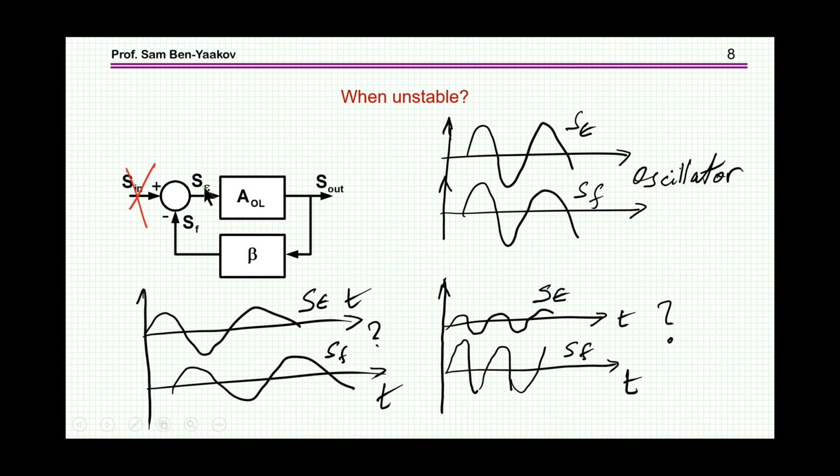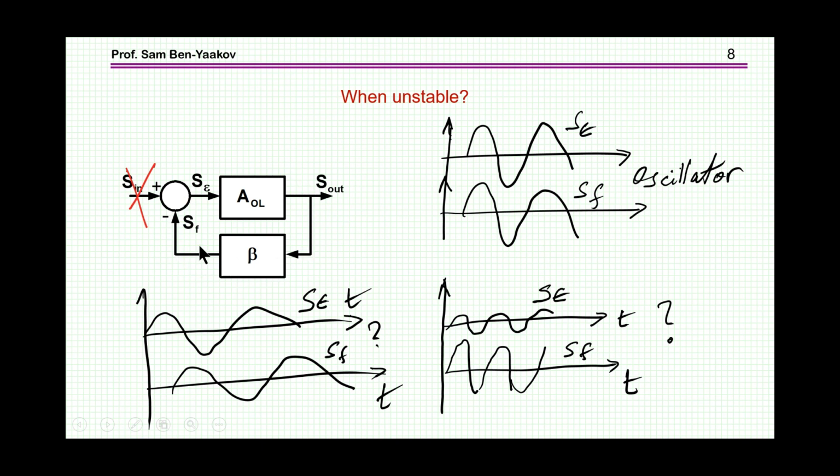Now, if the gain here is 1, both in terms of amplitude and phase, so I'm getting back here with the same amplitude and the same phase, this is a very dangerous situation. This is an oscillator, because we are feeding a signal and ending up with the same signal. Nothing is here, so this is feeding itself, and this will be an oscillator.